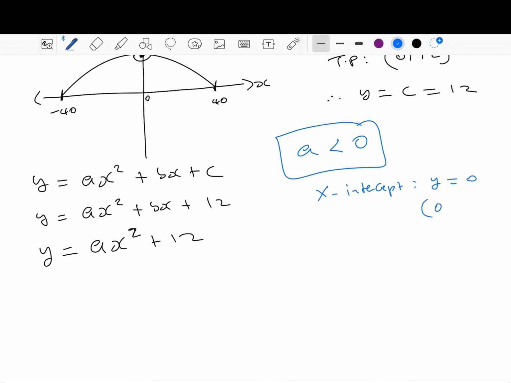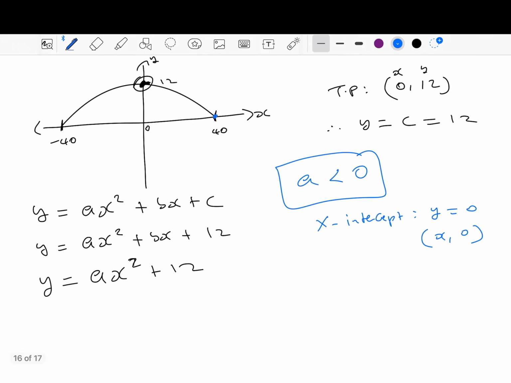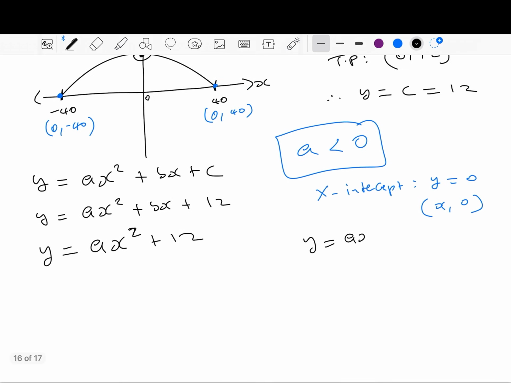In this case, our x-intercept is when y is 0, we have negative 40. When y is 0, we have positive 40. Those are our x-intercepts.